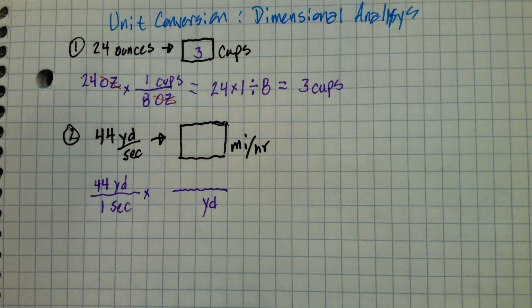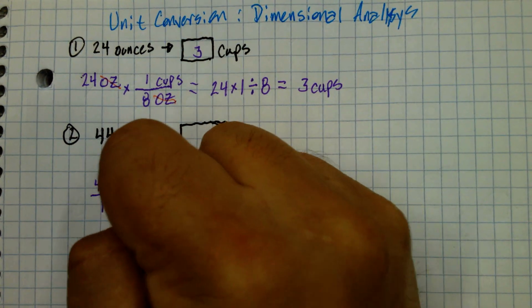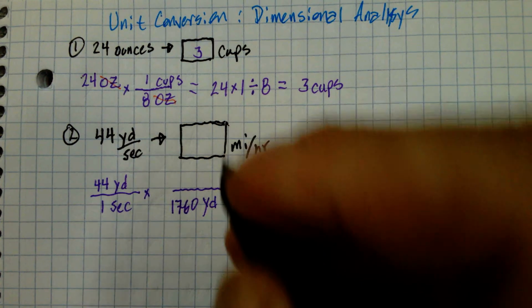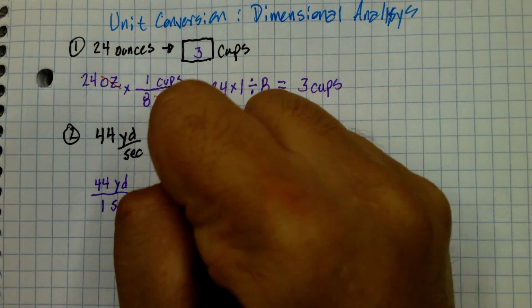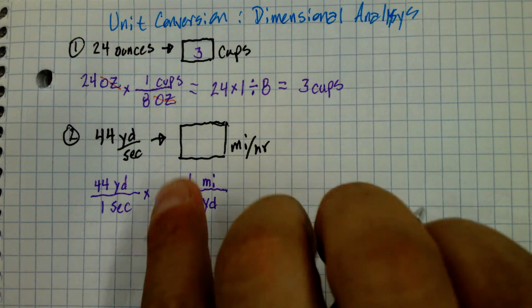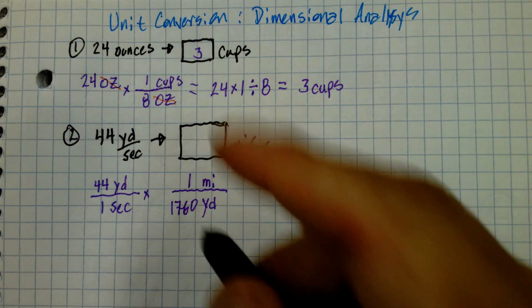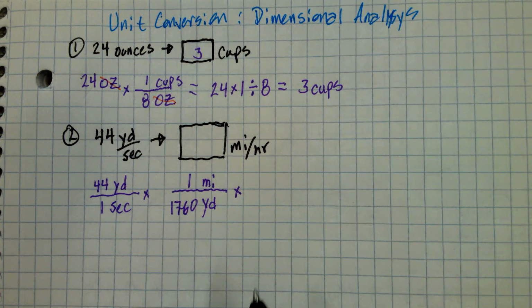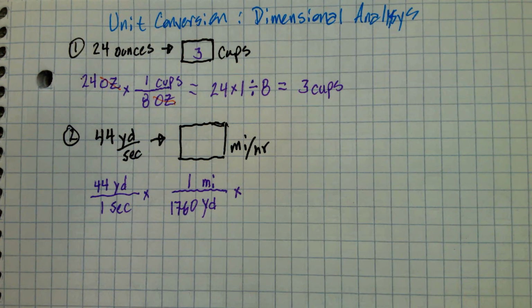And that was 1,760. And then on the numerator, we have 1 mile. Okay, so that's going to get us where we want for distance. That's going to put us from yards to miles. Let's continue because we need to also go from seconds to hours.